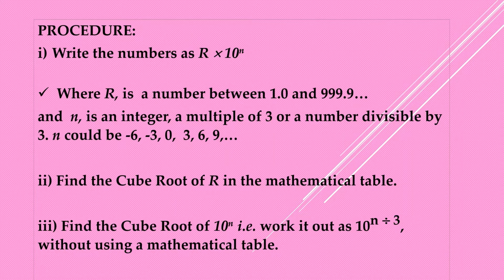But for the other part, r, we have to use our mathematical tables to get its cube root, and therefore we have to ensure that r is a number between 1.0 and 999.9.